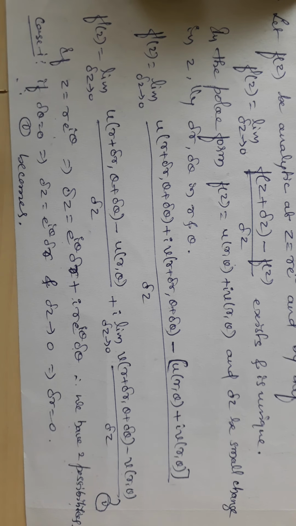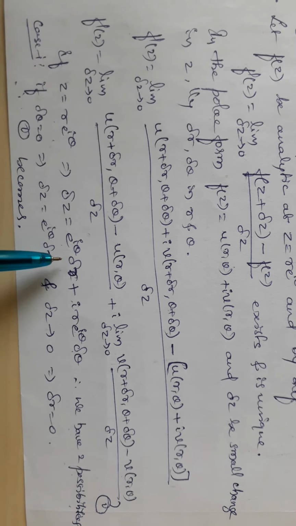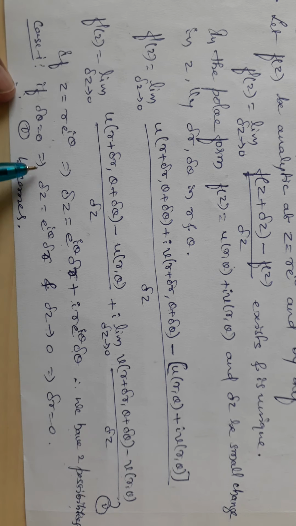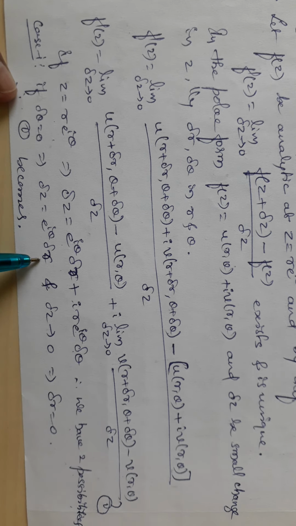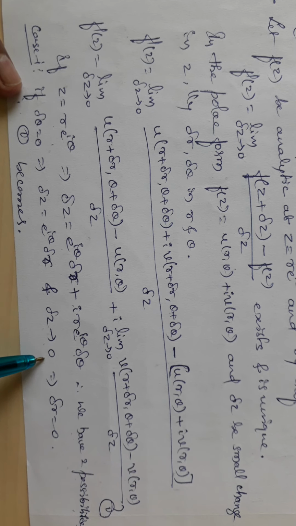Case 1: if delta theta is 0, from the above equation, delta z equal to e to the power i theta into delta r, and delta z tending to 0, which implies delta r tends to 0.